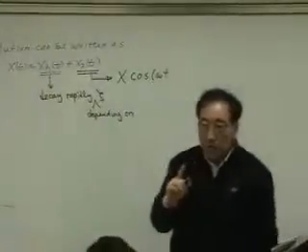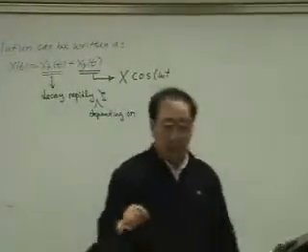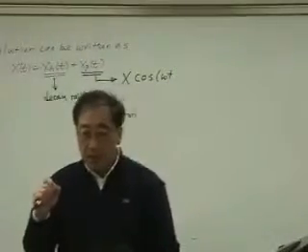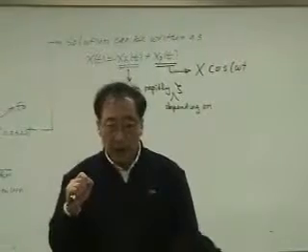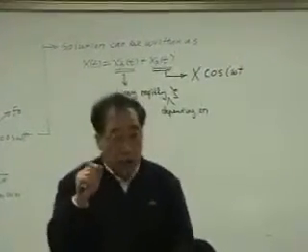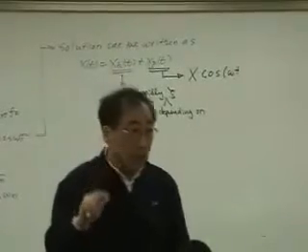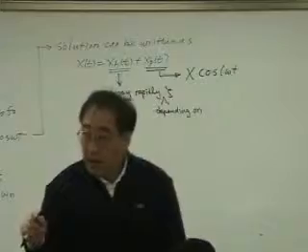But as we see in the previous experiment, depending on the zeta, if we don't have a zeta, the response would be just x cosine omega t, right?